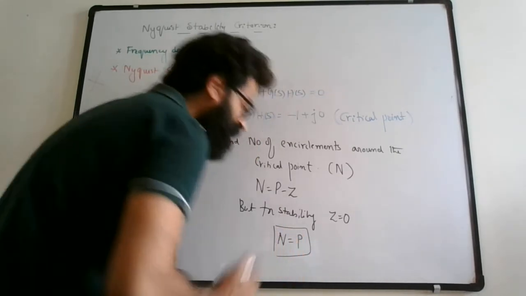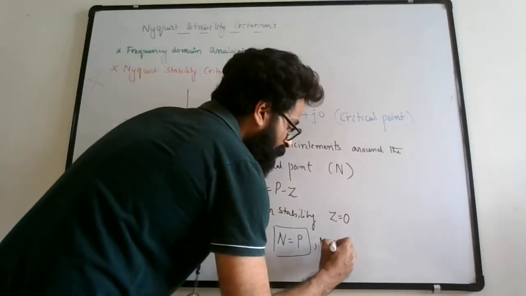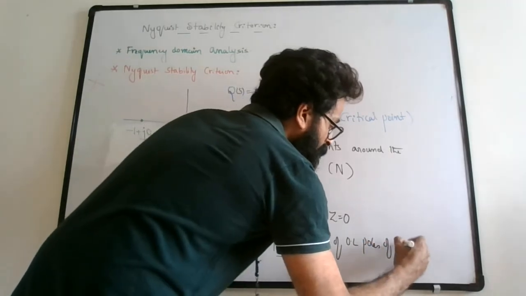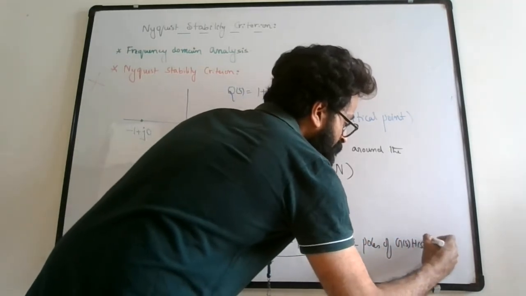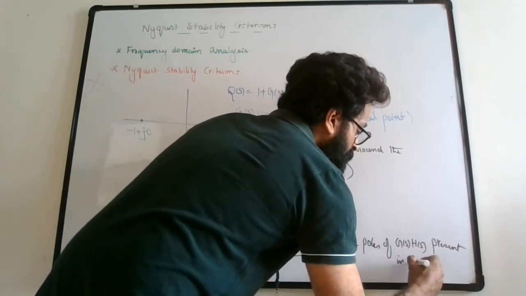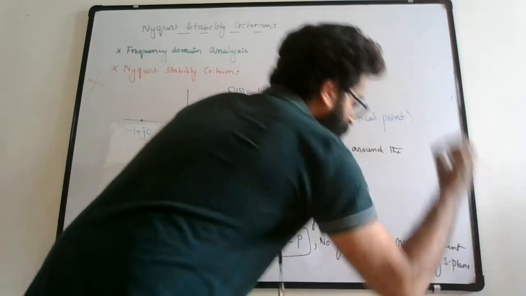So the number of encirclements is equal to the number of open loop poles of G of S into H of S present in the RHS of the S plane.